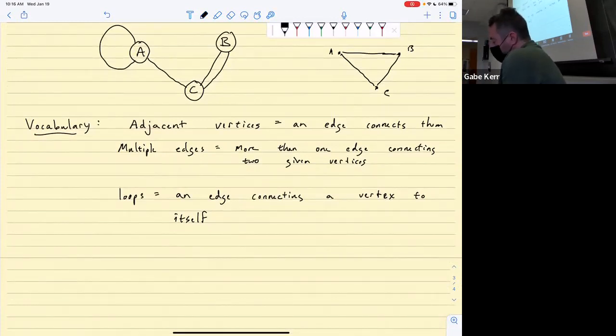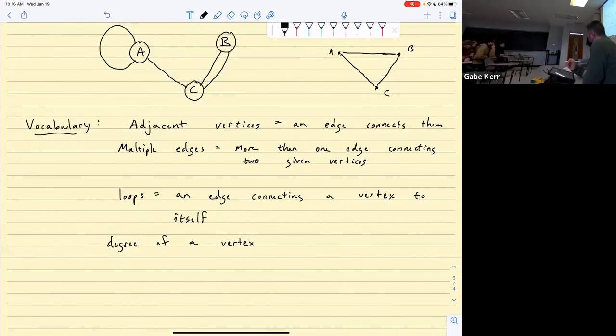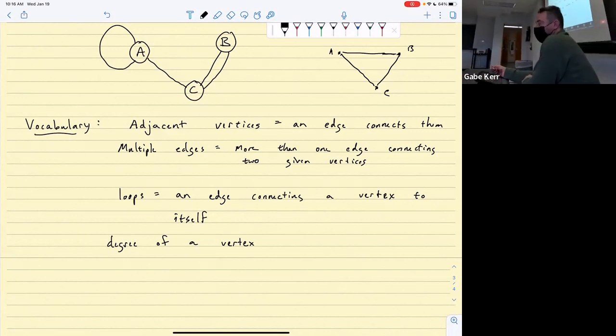All right, so now let's get one that we will use a bit and maybe you have not heard of: the degree of a vertex. The degree of a vertex is the number of half edges connected to that vertex.